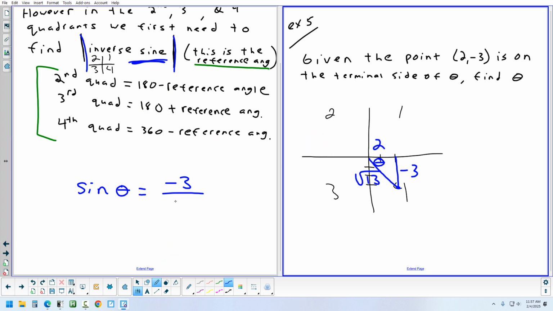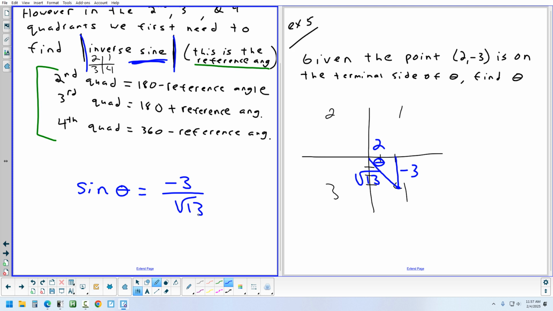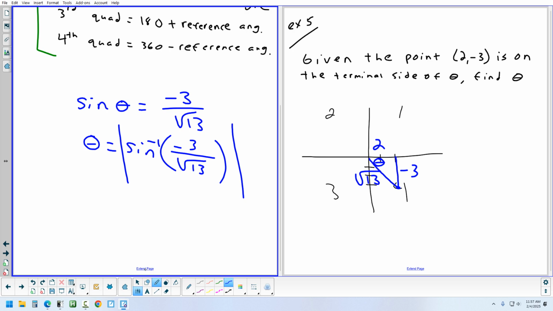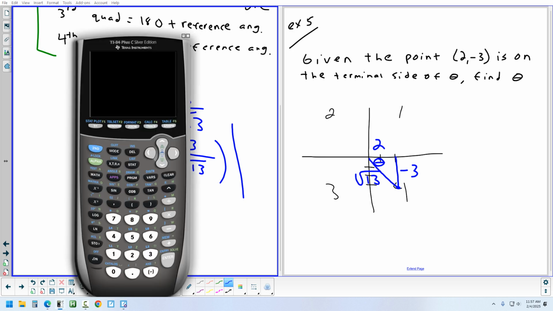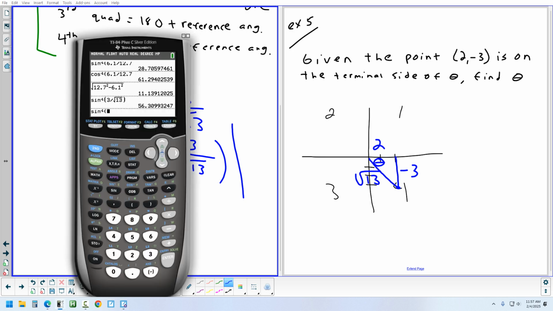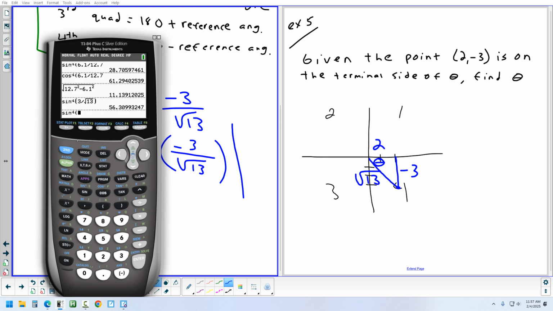So we set that up. And how would I get rid of sine? Inverse sine. Yep. So it's going to end up being the inverse sine of -3 over square root of 13. But remember to take the absolute value. Okay. And you'll see why you need that this time, because you included the -3 as your y value, and that's okay, because you did go down 3. Technically, it is negative.